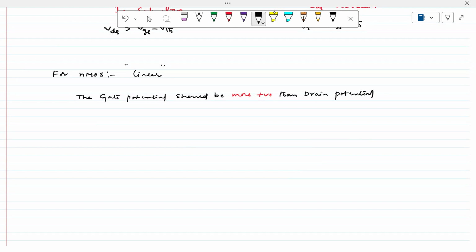Okay, what is the minimum condition? At least the gate potential should be one threshold above the drain potential.